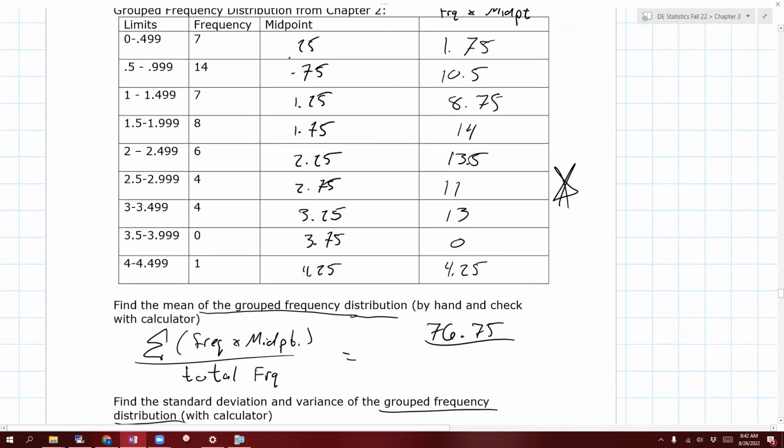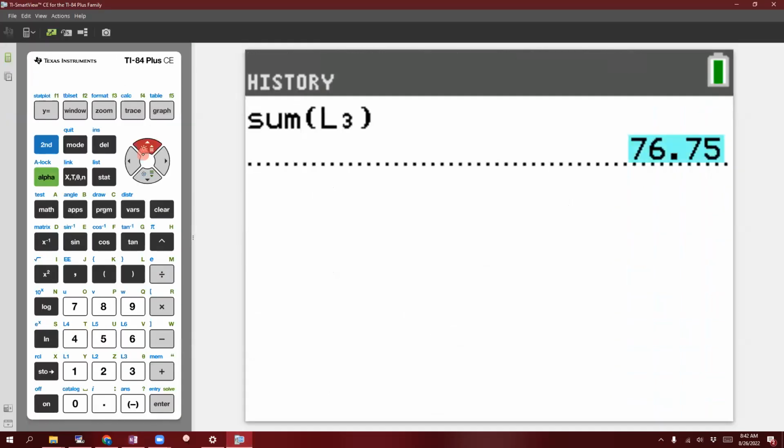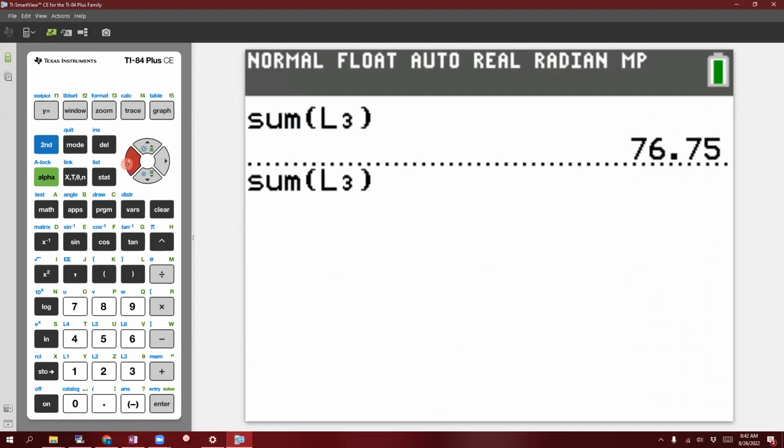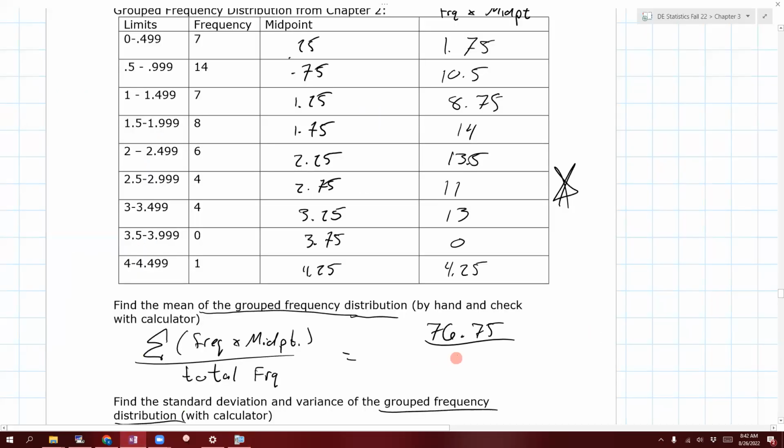We can use our sum feature again, but instead of summing list 3, I want to sum my frequencies, which I put into list 1. And again, 51. We already knew that, but in case you didn't know that or you wanted to double check, you could do it that way. So we get the sum of the total frequency times midpoints divided by the total frequency.